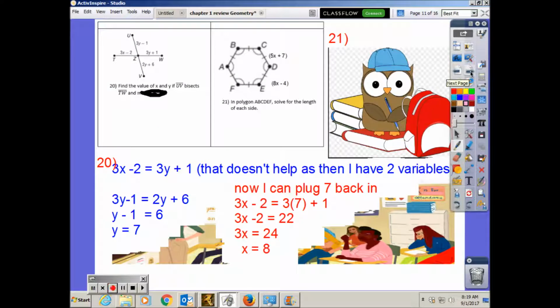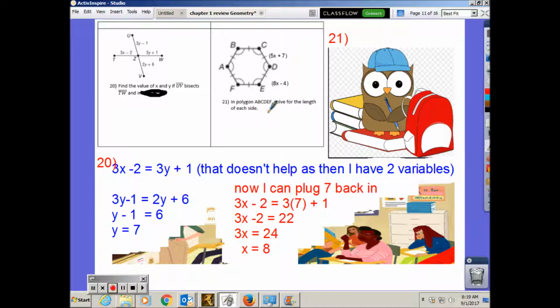And for 21, in the polygon A, B, C, D, E, F, solve for the length of each side. I can see that this is a regular polygon, meaning all of the sides are congruent. That means this side, CD, is congruent to DE. And I can set that up.